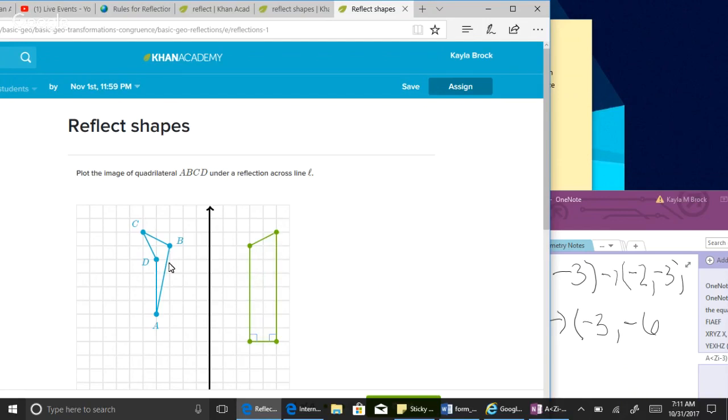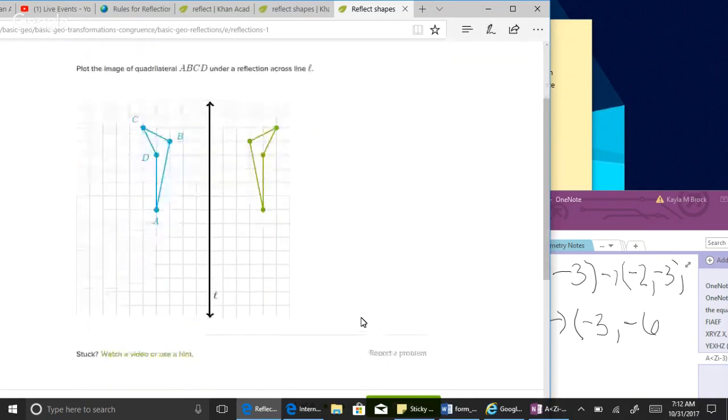Okay, this is 1, 2, 3, 4, and then it's 1, 2, 3, 4. So it's going to be right there. And then this looks like it's right here. Oh, no, maybe right here. Let's check. 1, 2, 3, 4. 1, 2, 3, 4. Okay, we're good.